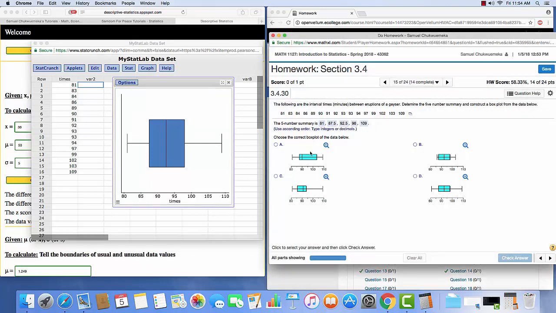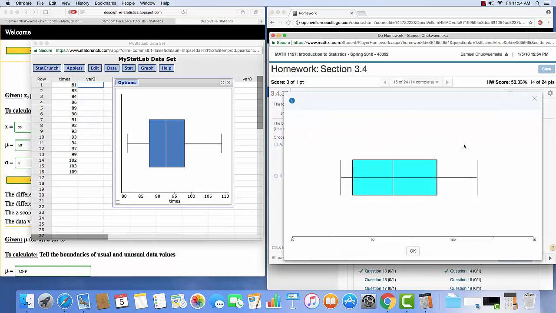Okay. Now let me start with the process of elimination. Minimum is 81. A is okay for now. B is no, because this is 85. Look at B here.